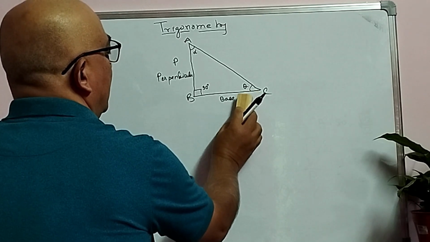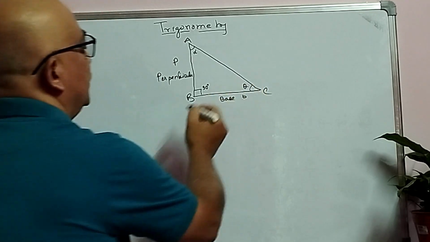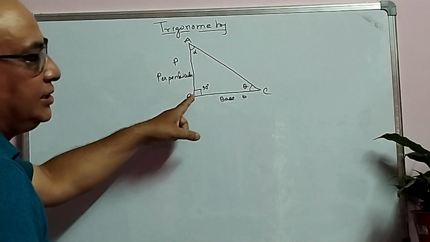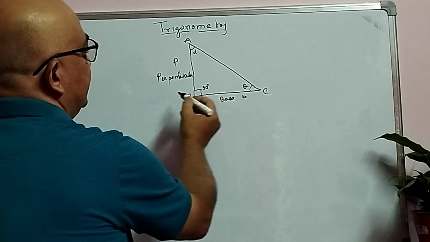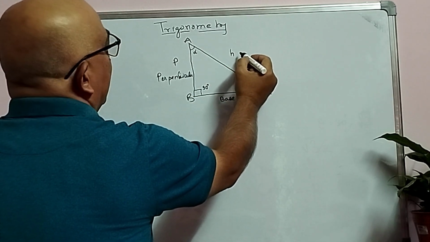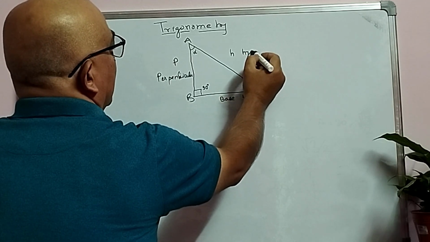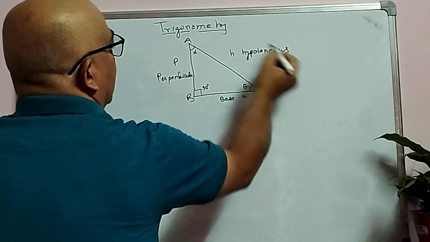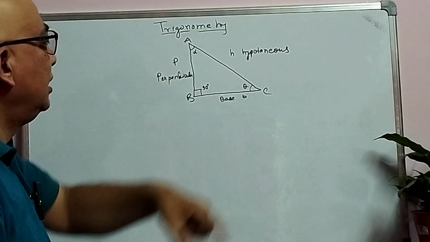And there is another side, which is opposite to the 90 degree right angle of the right angle triangle. This is called hypotenuse, denoted by H. This hypotenuse is always slant.